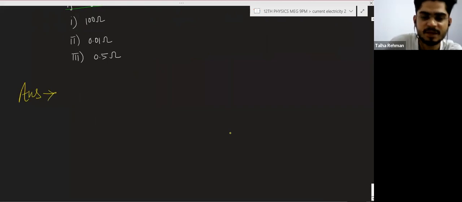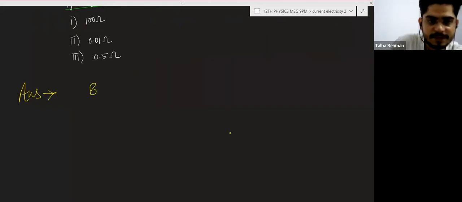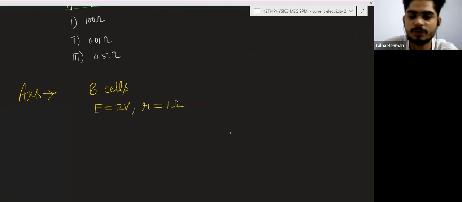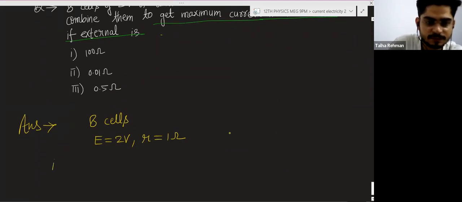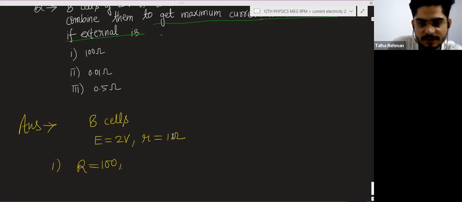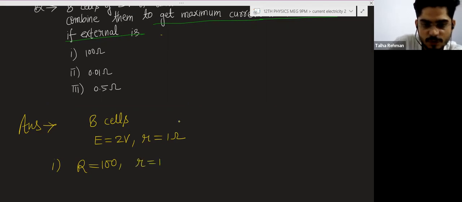We have 8 cells, each of EMF 2 volt, each of internal resistance 1 ohm. So for the first answer, external resistance is given as 100 ohm, and internal resistance is 1 ohm, small r is 1 ohm.